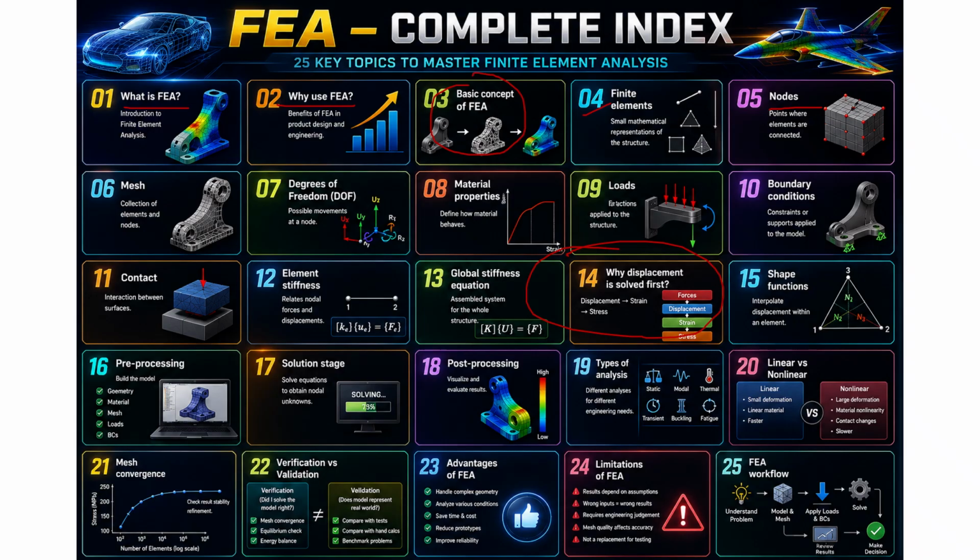I just explained what pre-processing is, but I will explain it in detail. Then the solution stage: how solutions need to be obtained, what to do with this solution, how to interpret results from these solutions, and post-processing. The types of analysis I just explained, like linear analysis and non-linear analysis.